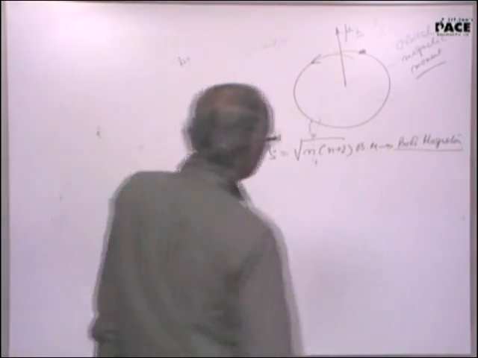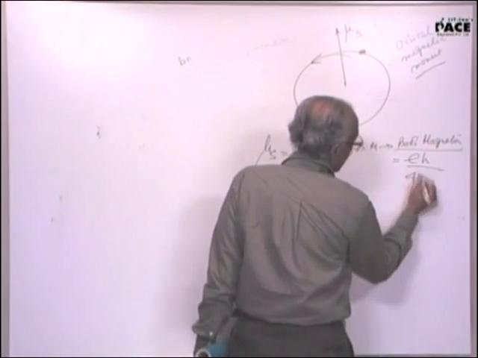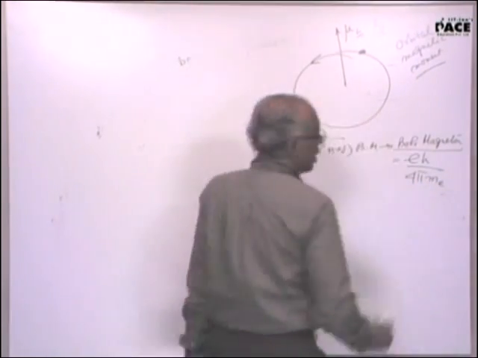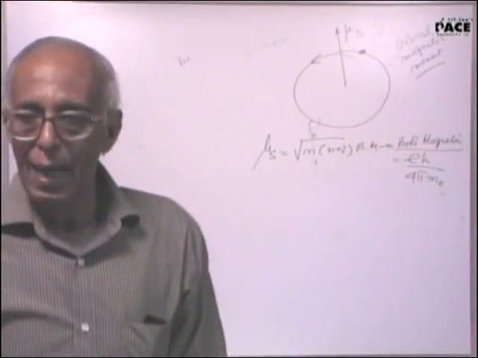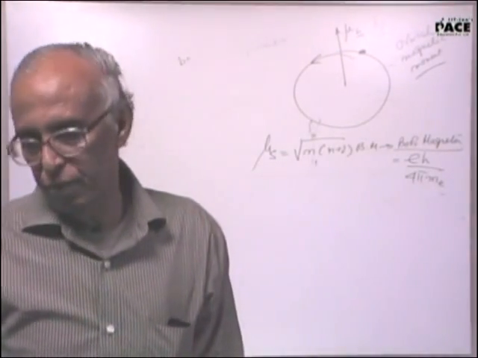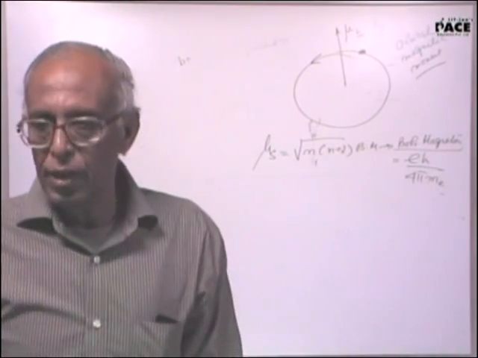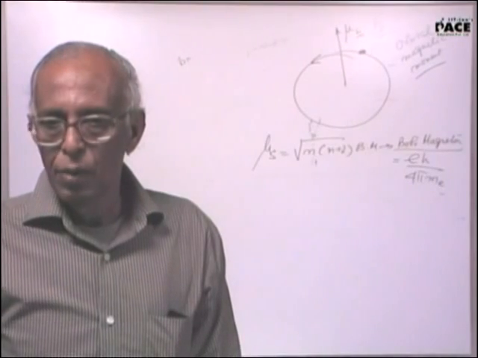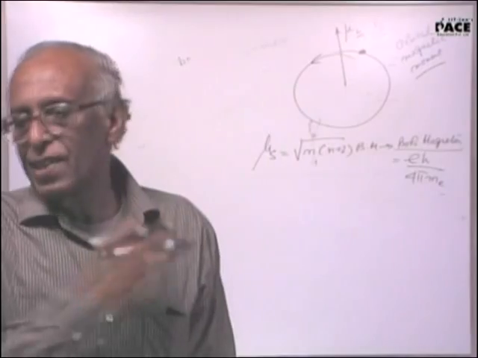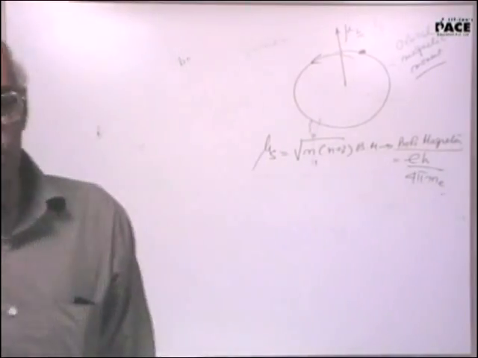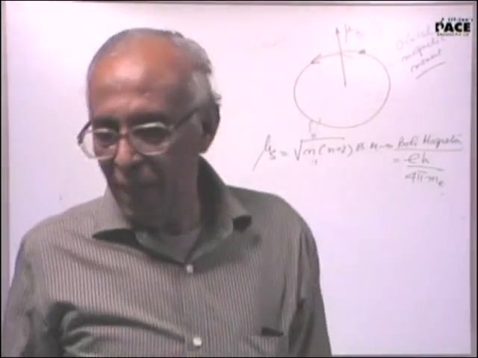Bohr magneton is equal to eh by 4 pi m, where m is the mass of the electron. e is the electronic charge, 1.6 times 10 to the power minus 19 coulomb. h is Planck's constant, 6.62 times 10 to the power minus 34.